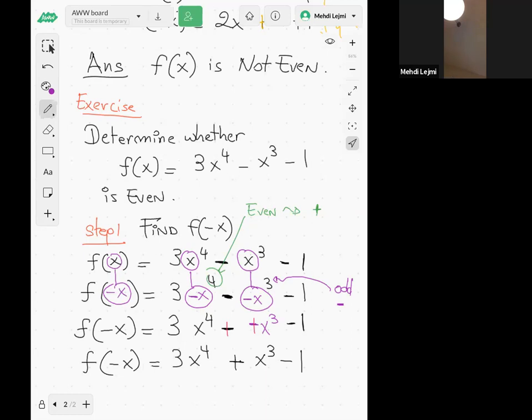Again, be careful with the power. The power here is really important. If the power is even, you can get rid of the minus. If the power is odd, then you're going to have a minus, another minus.